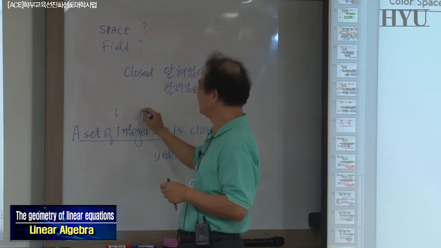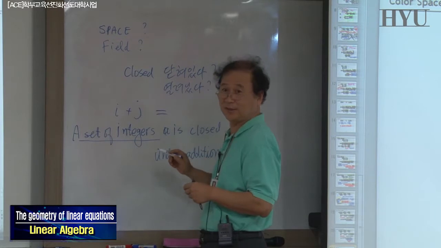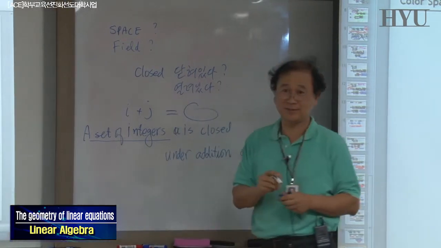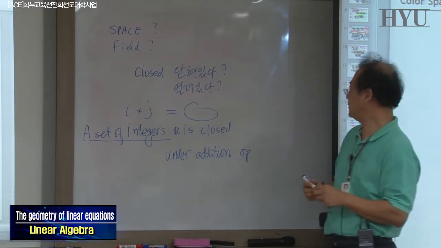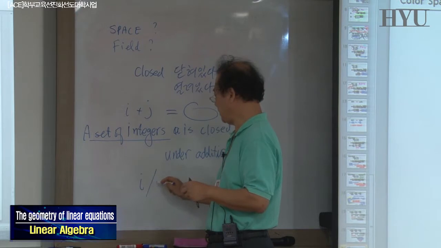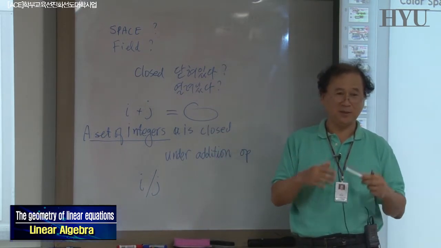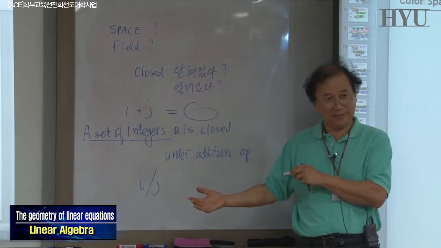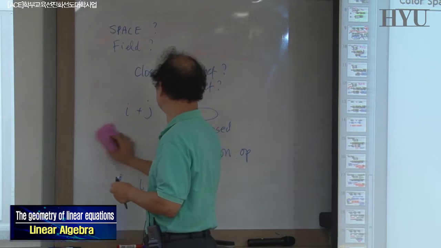When you add them up, this becomes whatever result, right? This is also an integer. That's closed. That stays closed, right? How about if I divide i by j? No, right? The result is not an integer, right?